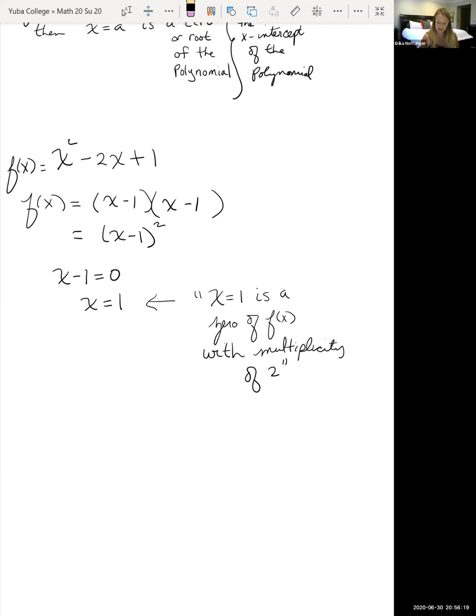And the reason why it's 2 is because if you counted out the number of factors x minus 1 occurs, it is occurring twice. Or if it's written where it's simplified, we can look at the exponent of that factor.